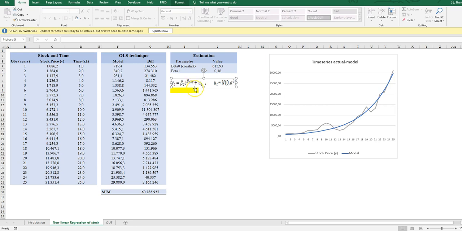So if t is equal to 8, it's 8, and here's the noise. For now it's just a normally distributed variable, but we will not in this presentation dig too much into the statistical inference of the model, but primarily look at the fitting capability in the OLS technique.